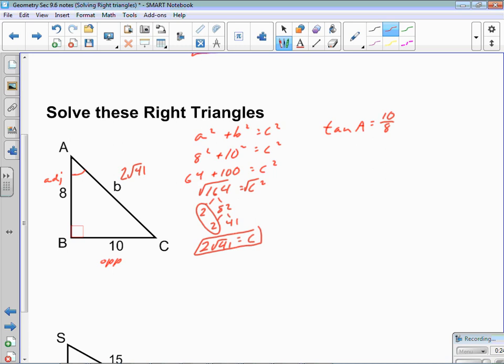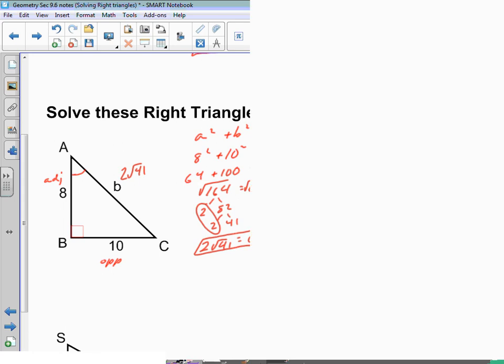And since I know what the tangent is, then to solve for the angle, I'm going to use the inverse tangent. The inverse tangent of 10 over 8 is going to equal the measure of angle A. So, my calculator.